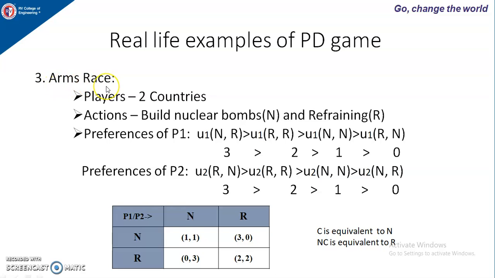Third real life example of the prisoner's dilemma game is an arms race. Here the players are two countries.